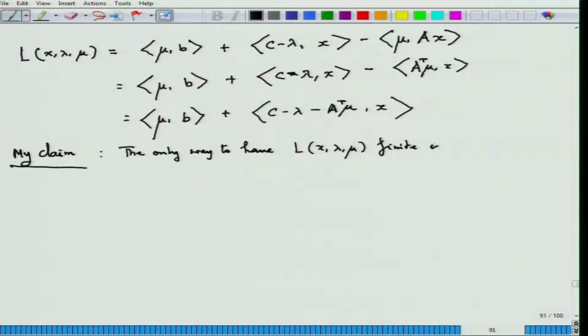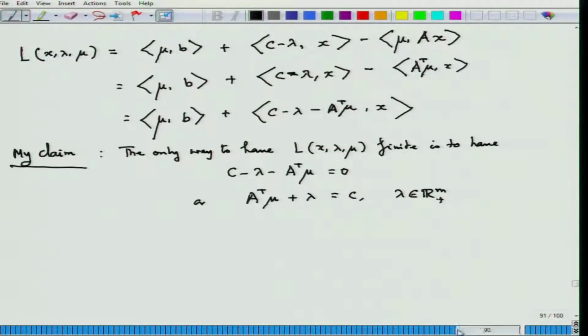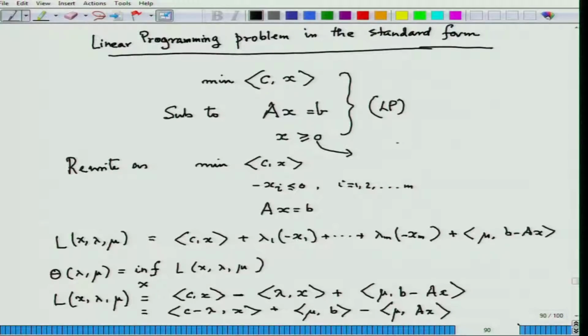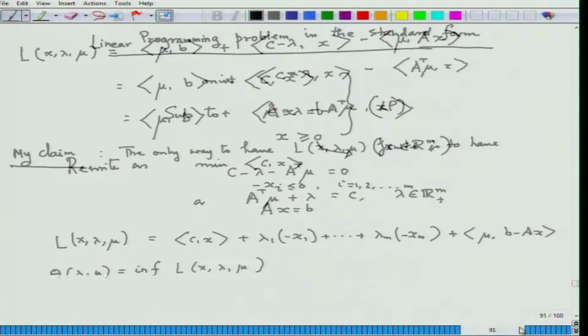So, the only way is to have c minus lambda minus A transpose mu equal to 0. I will just remind that this actually means a vector equation; I just inadvertently did not say it because this form is so common.